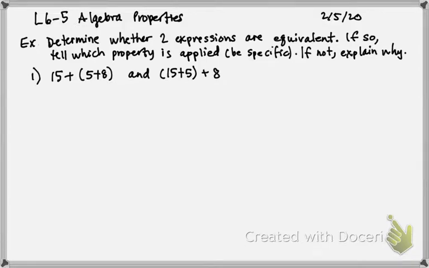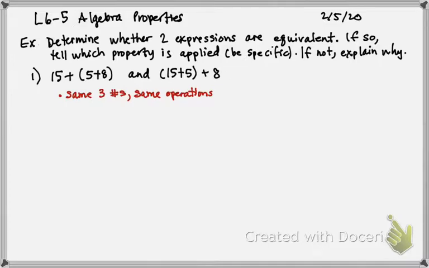So some of the things I do is I kind of look at which property it might fall into. So first I notice same three numbers, same operations. Okay, so what we talked about is what had three numbers? Oh yeah, that's the associative property.